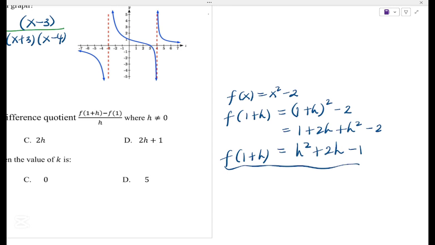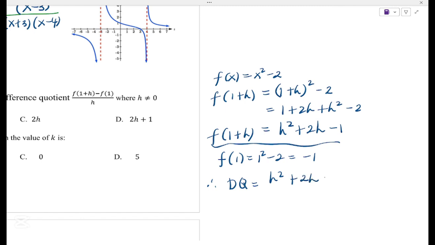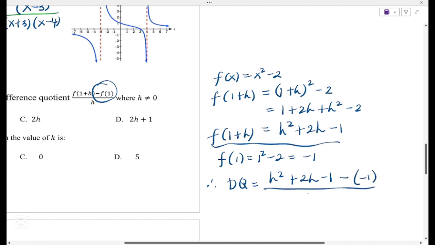And then after that, we can find f of 1, and the value of f of 1 will be 1 squared minus 2, which is equal to minus 1. Now, therefore, we can find the difference quotient, which is equal to h squared plus 2h minus 1, then minus f of 1, minus minus 1, divided by h.